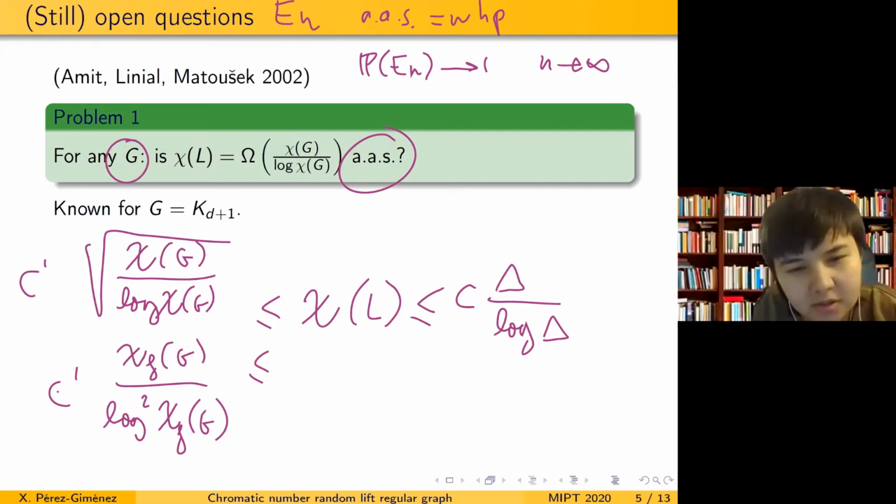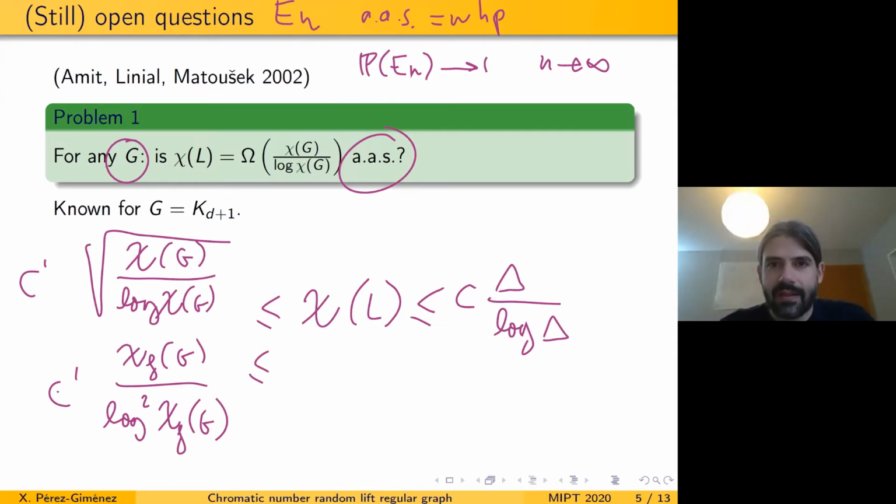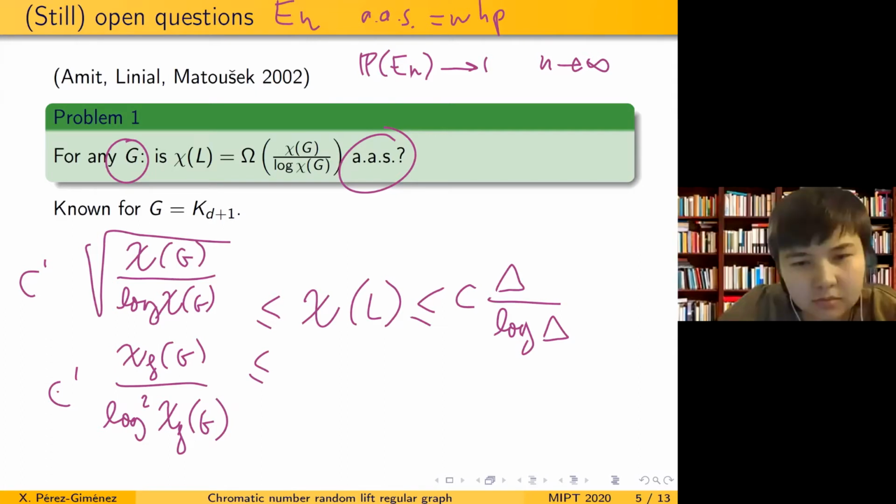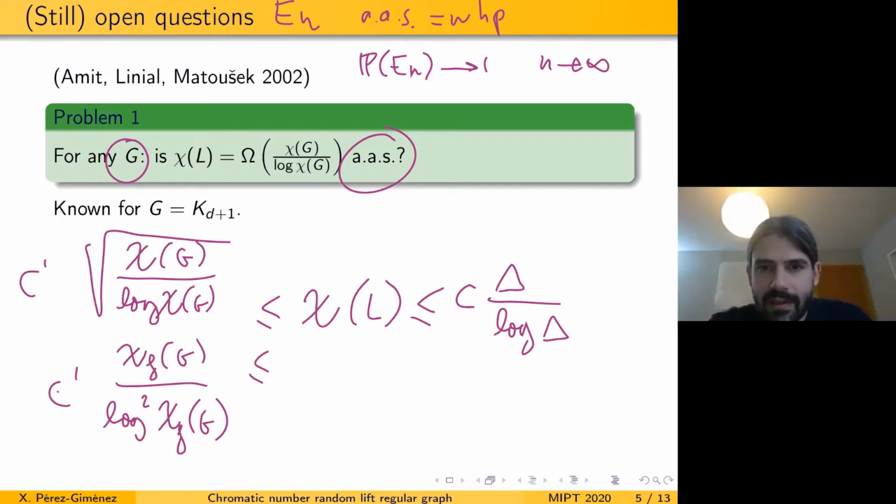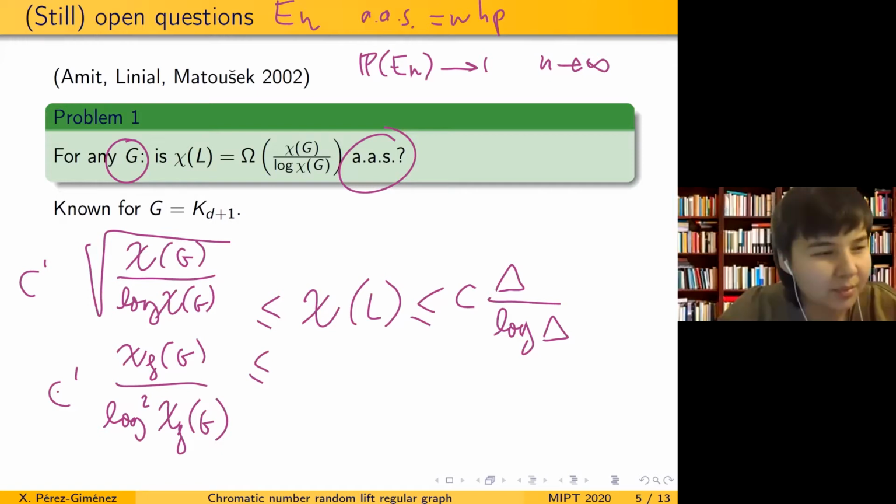But they believe that. Sorry. And is there an upper bound? Yeah, so for the chromatic number of the lift, delta over log delta for fractional, yes? Sorry? I mean, there is an upper bound for just the chromatic number, not the fractional chromatic number, of a graph not bigger than delta over log delta.